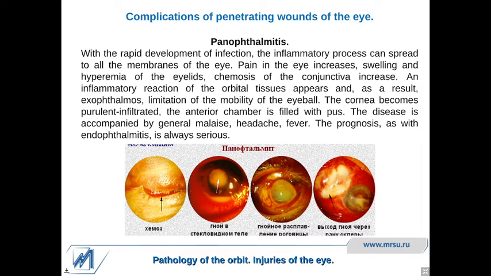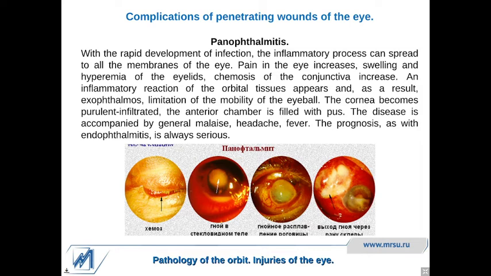With the rapid development of infection, the inflammatory process can spread to all the membranes of the eye. Pain in the eye increases, swelling and hyperemia of the eyelids and chemosis of the conjunctiva increase, and an inflammatory reaction of the orbital tissue appears, and as a result, exophthalmos and limitation of the mobility of the eyeball also occur.